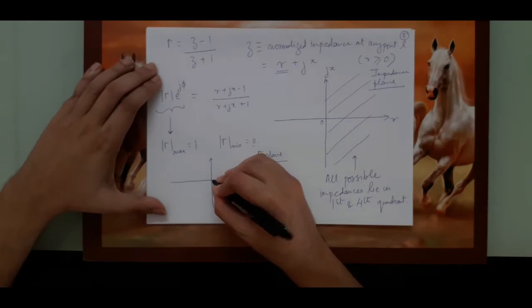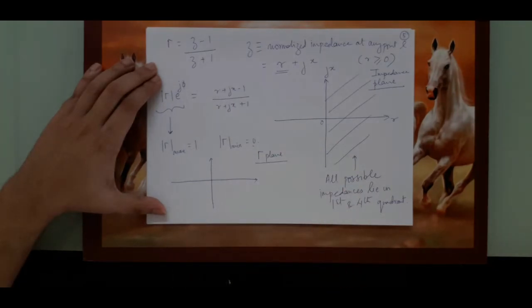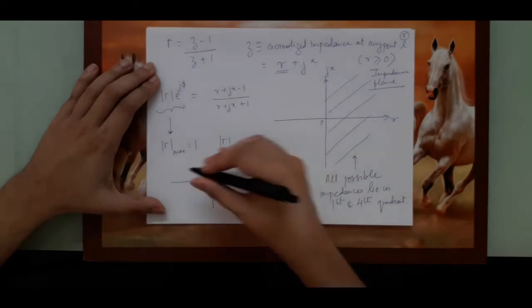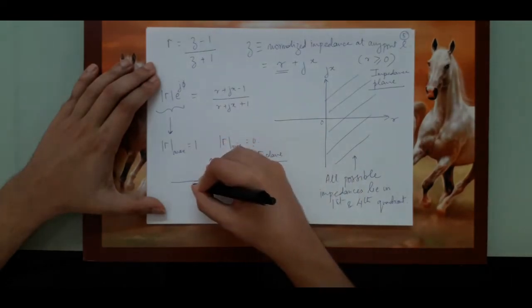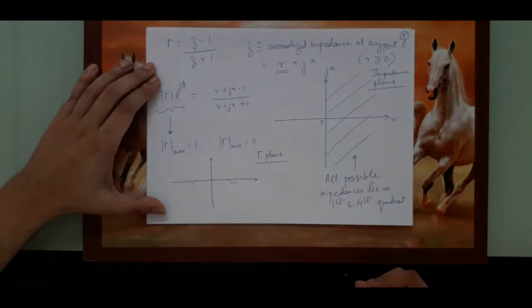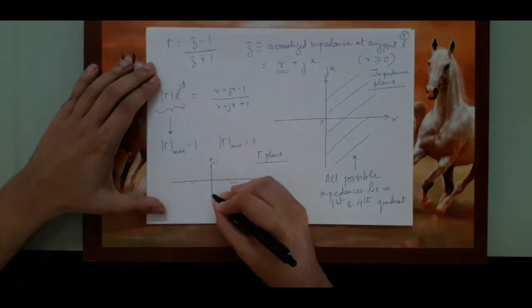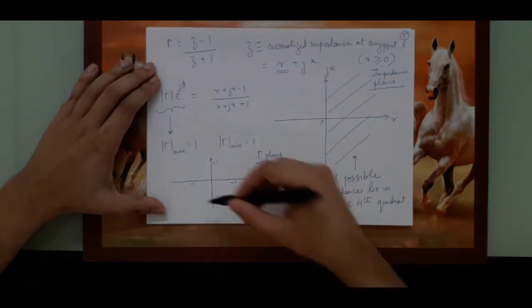Gamma minimum is 0, that is here. Mod gamma equal to 1 can be anywhere. It can be here, it can be here, it can be here, here, or any other point in the middle.